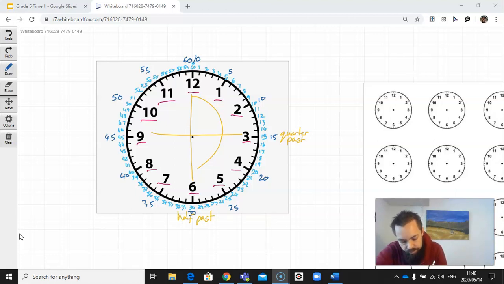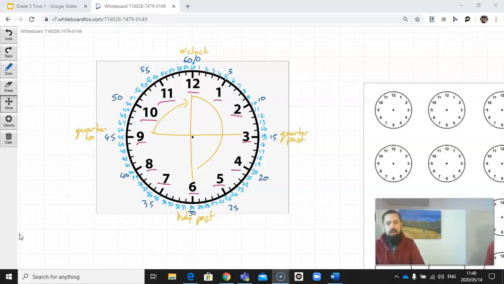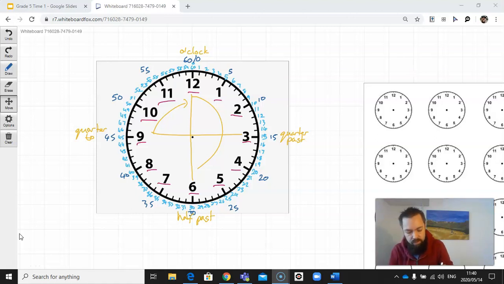And this one, it's a quarter until the next hour, so we call it quarter to. So quarter past, quarter to, half past, and this one is the hour, which is o'clock. So 12 o'clock, 1 o'clock, 2 o'clock, and 3 o'clock, and so on and so forth.